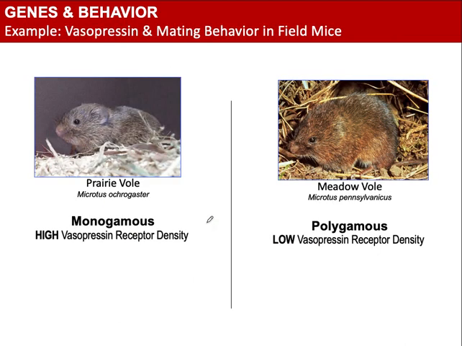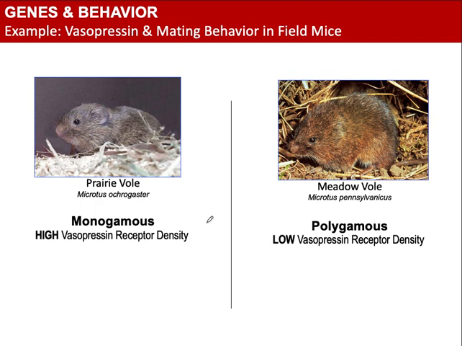Okay, here's another example of the relationship between genes and behavior. And this is the relationship between something called vasopressin and social and mating system. A monogamous species would have a mating system where one biological male and one biological female pair up as a mating couple.